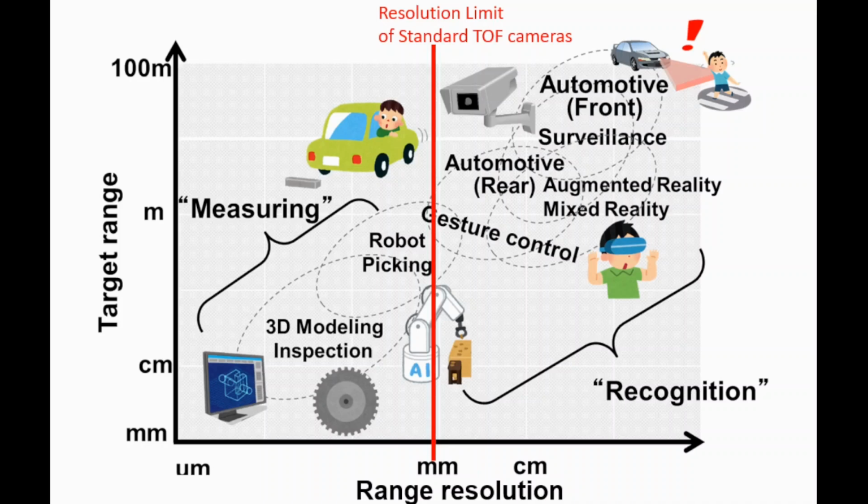So many people think that the ToF device is only used for recognition. This is because usual time-of-flight cameras have poor range resolution, almost 1 millimeter precision at best.